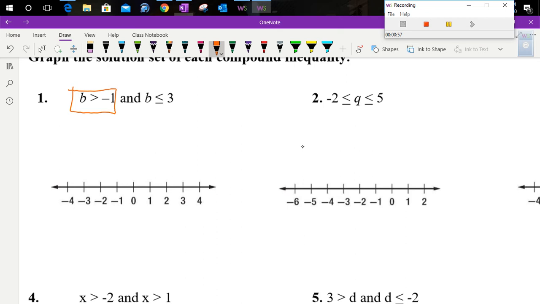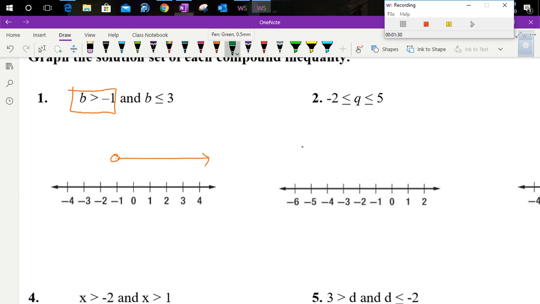So I'm going to go down to -1. Instead of putting an open circle at -1, because remember it doesn't have the line underneath of it, I'm going to go above the -1. I'm going to put an open circle above the -1. And then this says it's greater than, and remember this is pointing which direction we're going to go, pointing me to the right. So I graphed b is greater than -1.